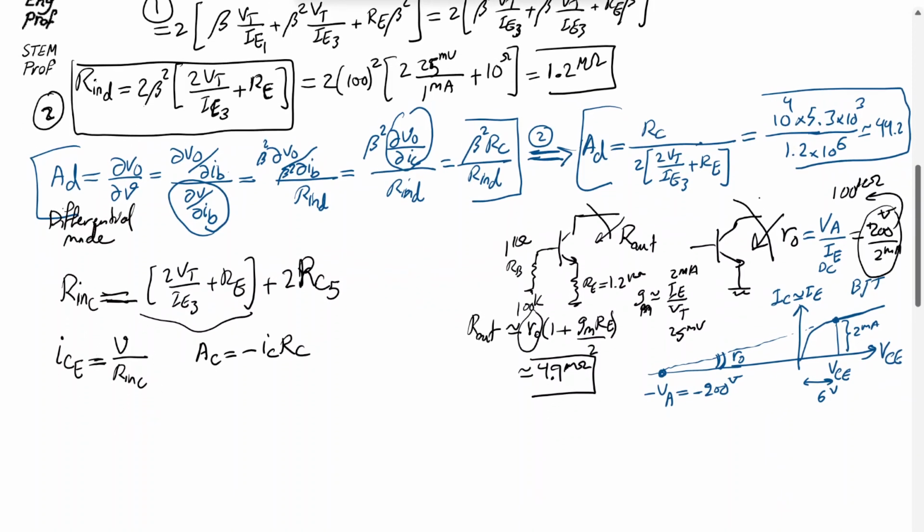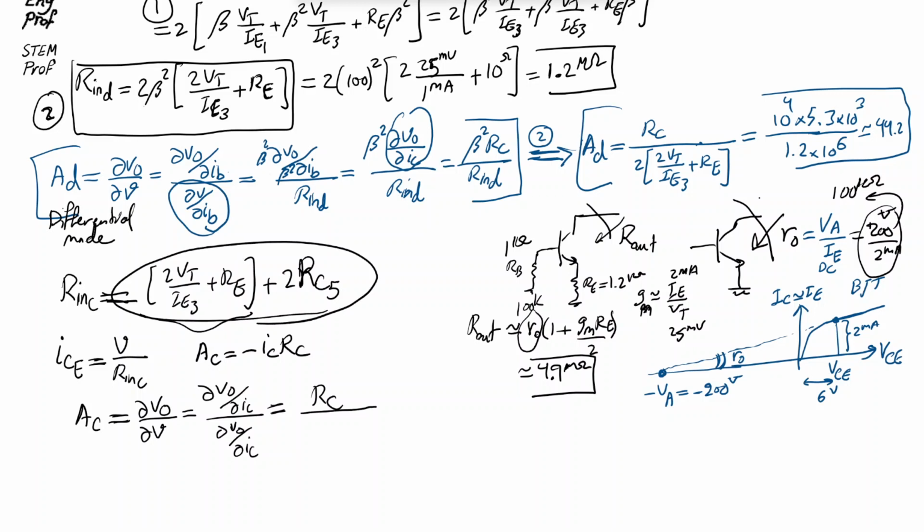Substituting for what I just wrote, we end up computing the common mode AC, which is the change in output voltage as a function of change in common mode voltage at input. We can repeat the same game we played: dividing both numerator and denominator by the change in the current of the collector or emitter, it doesn't matter, and we will end up computing that this is equal to RC over, effectively, this whole thing, so over R in common mode.